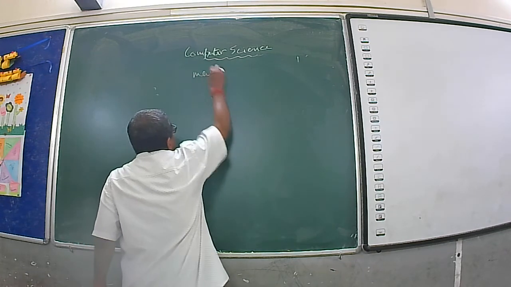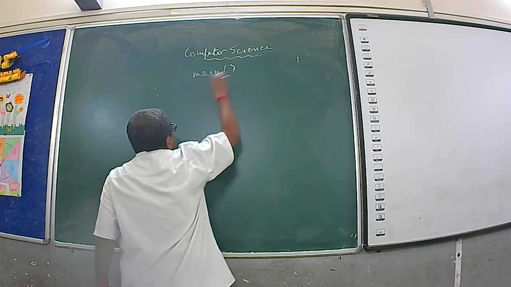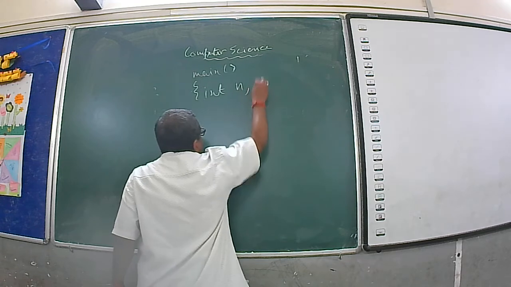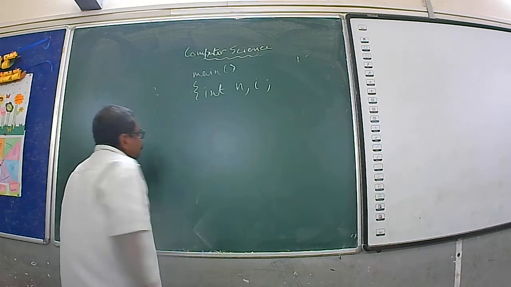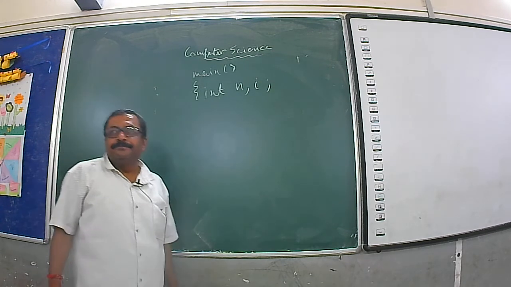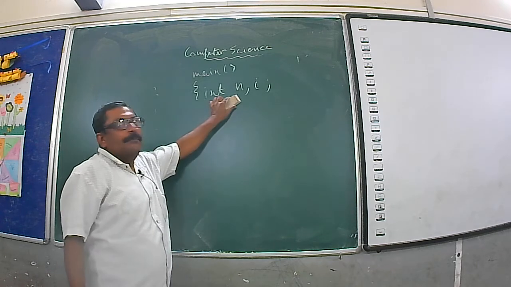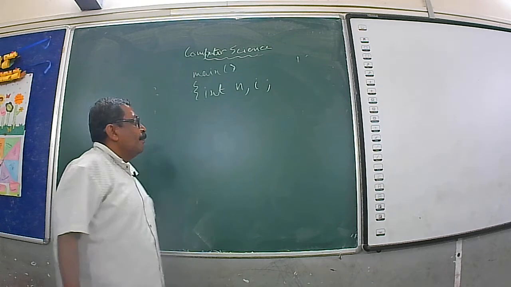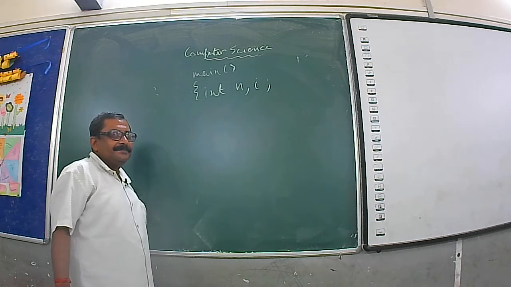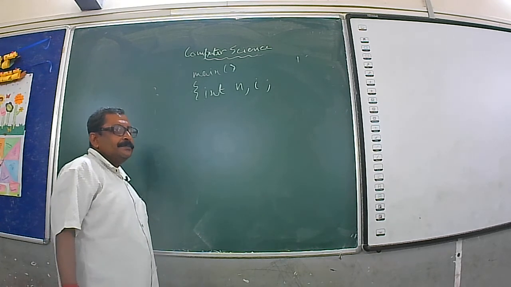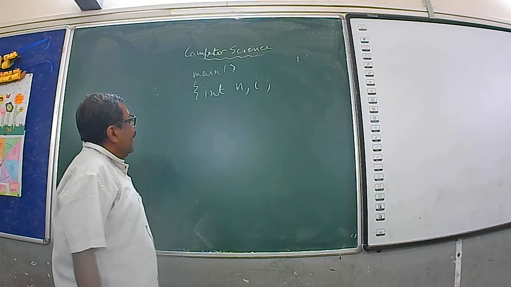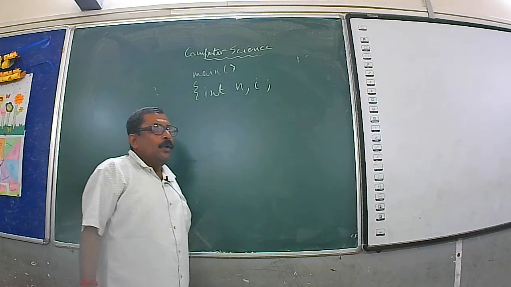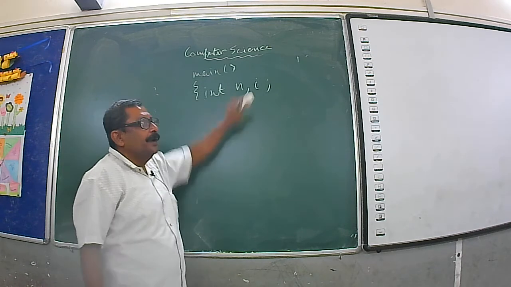So main, n comma i. n is the number, i is the loop variable. n is the number, i is equal to 1, i is the loop variable.